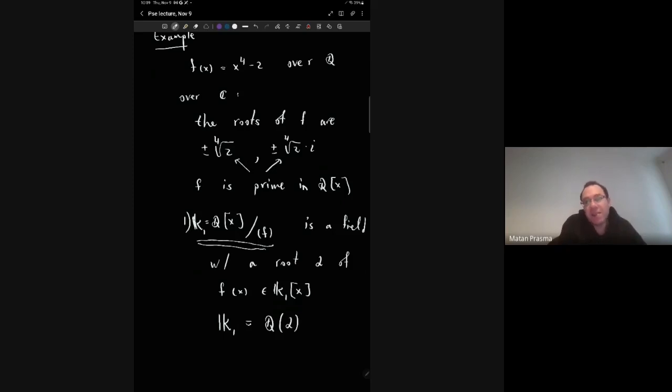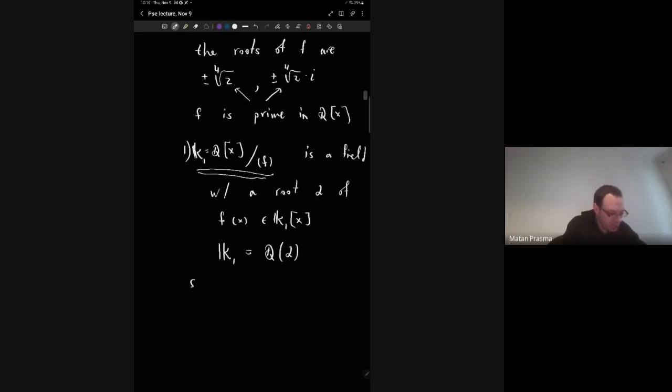And alpha is just some creature that if you raise it to the 4, you get 2, right? So say alpha is equal to the fourth root of 2.